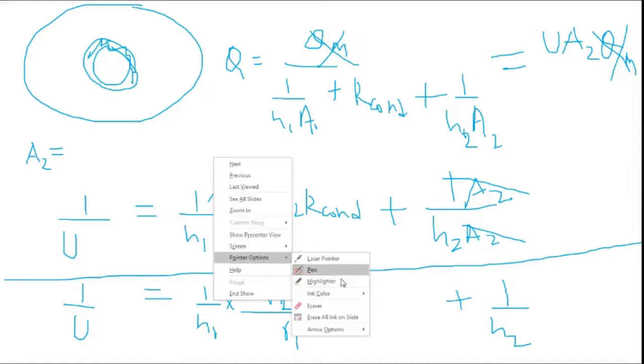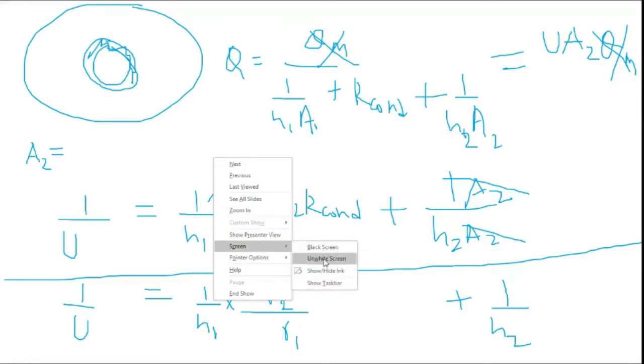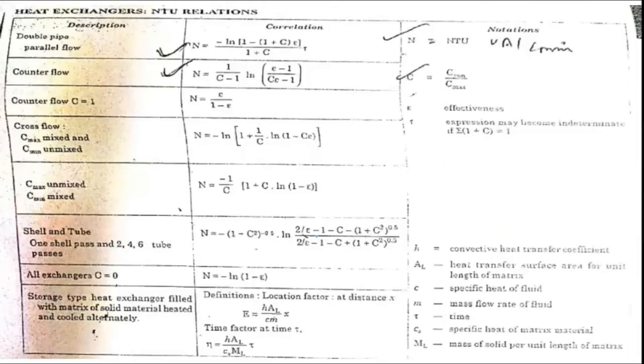Fine. Now I'll just show you a page of the data handbook. Just keep the data handbooks with you. In the data handbook, if you keep turning the pages, on one of the pages you will find this relation. It is the expression for overall heat transfer coefficients, and the value has been given for two sides.